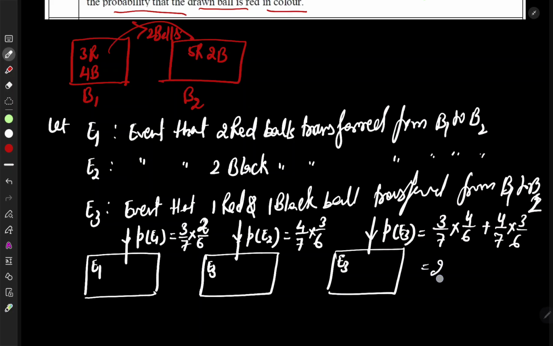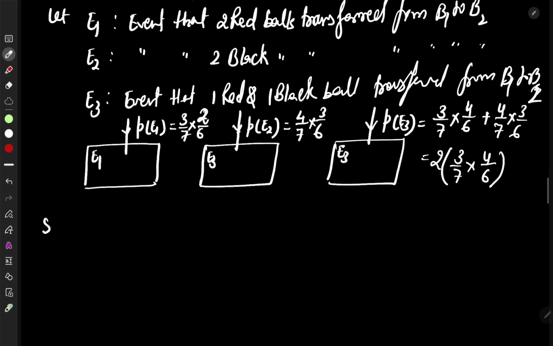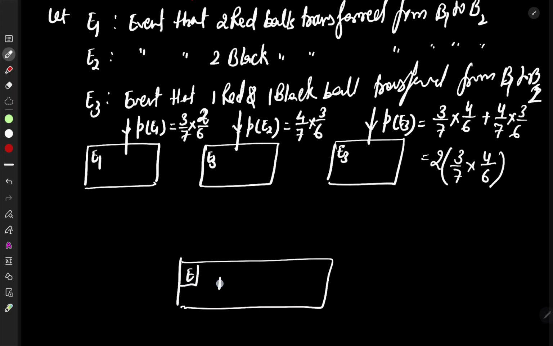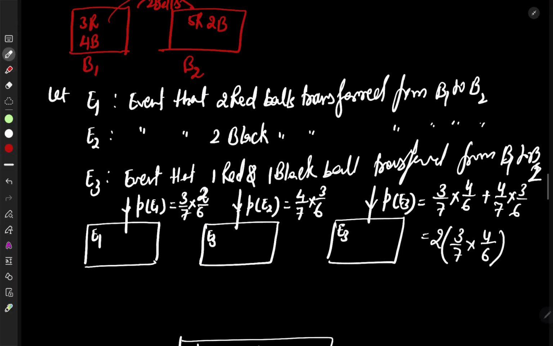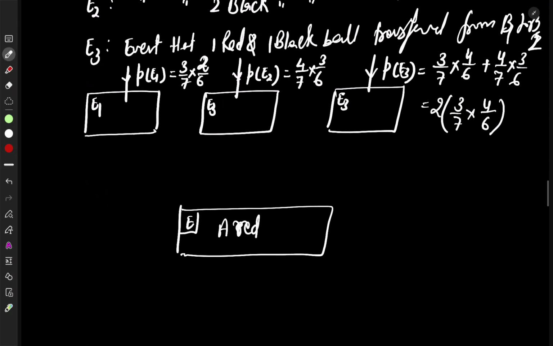So it is 2 times 3 by 7 into 4 by 6. Also clear to everyone? Okay. You will be writing here the event that a red ball is drawn. It is straightforward.